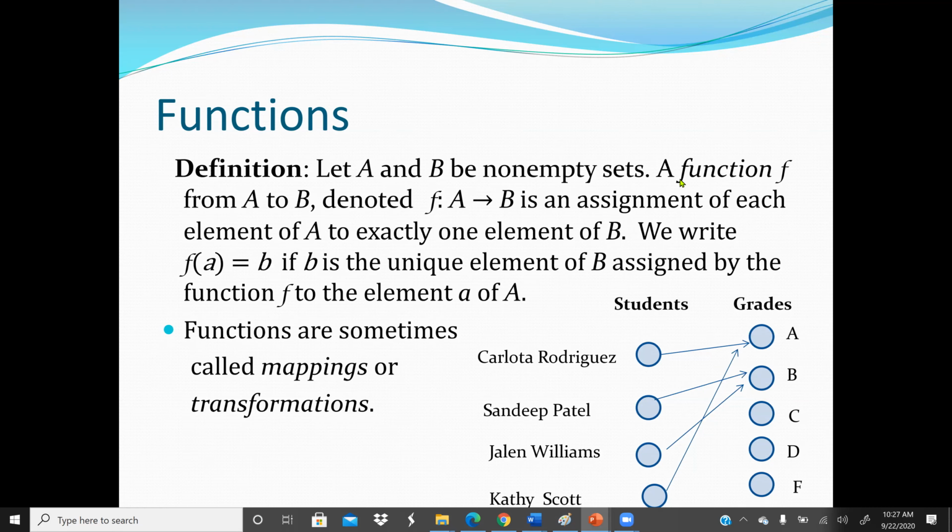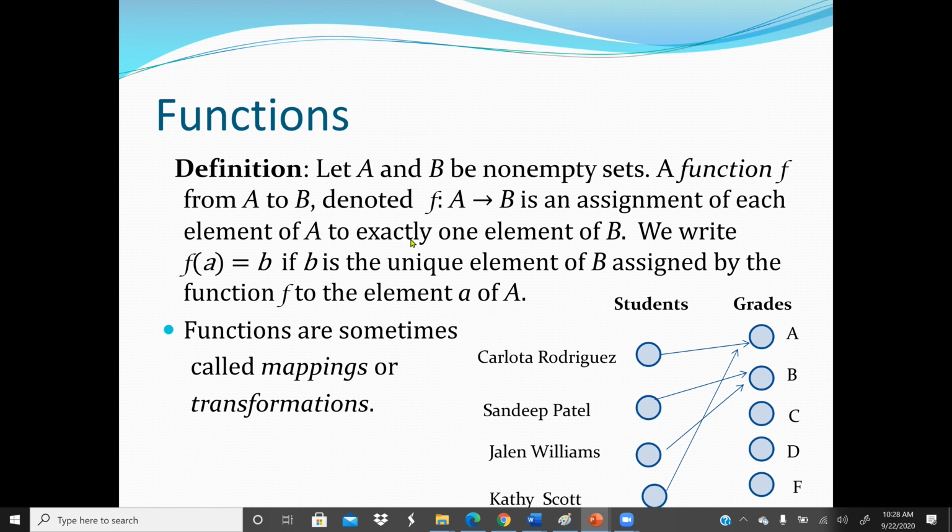So a function f from A to B will be denoted as f: A → B. And here we say it's an assignment of each element of A to exactly one element of B. And we write f(a) = b if b is the unique element of the set B. The uppercase B is the set assigned by the function f to the element a of set A.